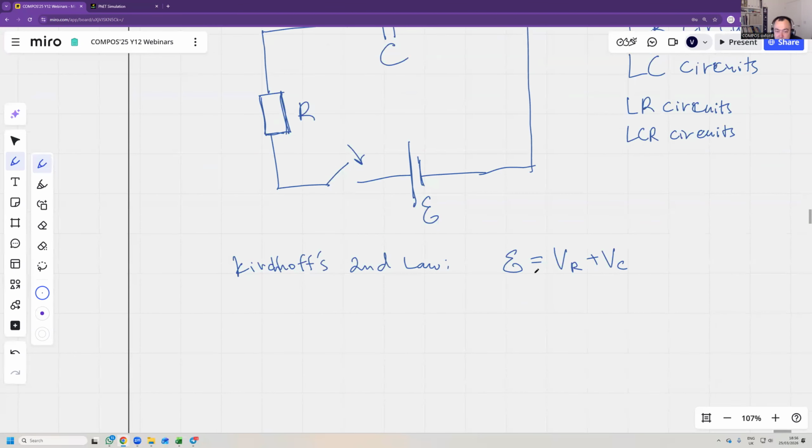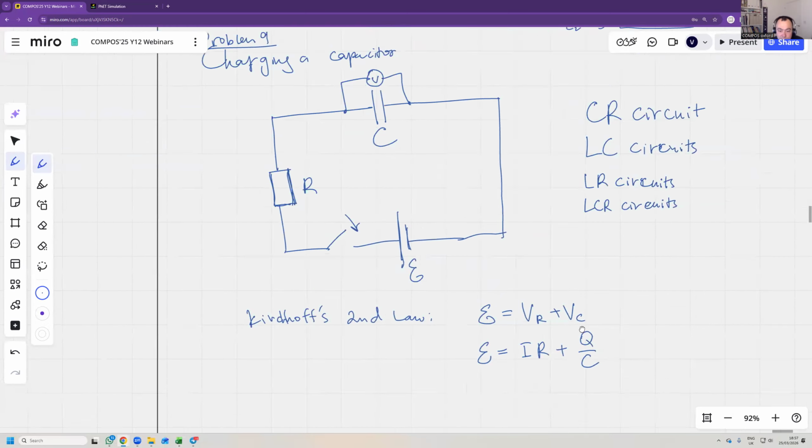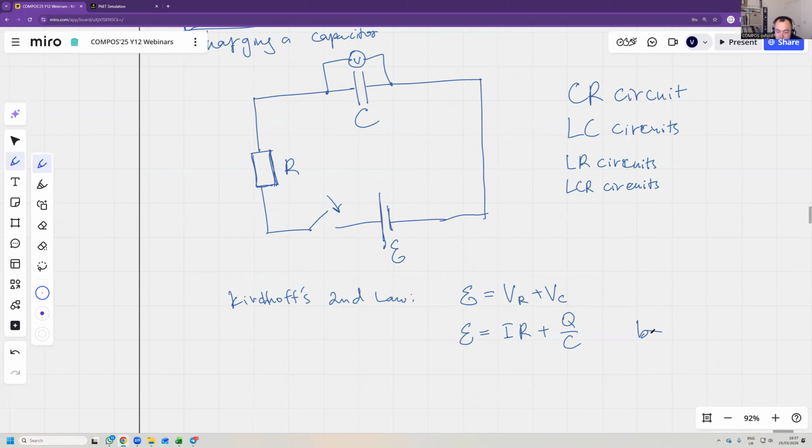We know that the voltage on the resistor is IR, and the voltage on the capacitor is Q over C. But we also know that current is the rate of change of charge, delta Q over delta T, which when you take the limit as T tends to 0, is dQ over dt.